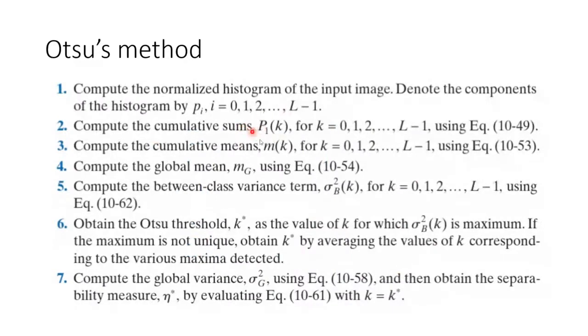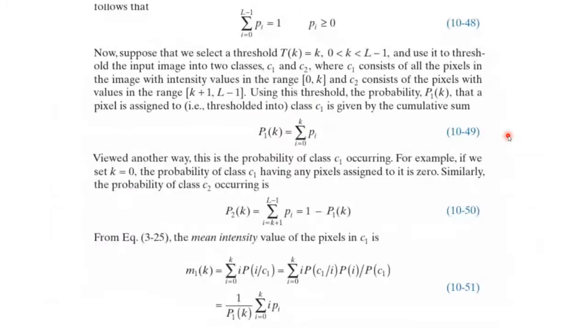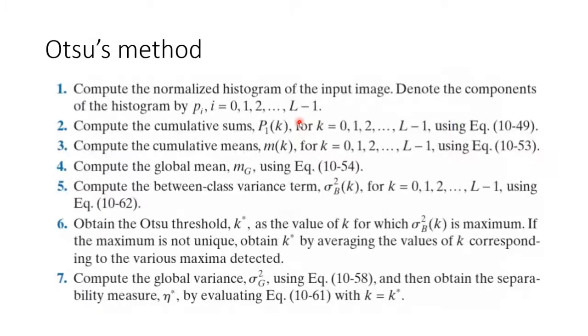Then compute the cumulative sums using equation 10.49, which is this. It's basically a cumulative sum of pixel intensities. Then you calculate the cumulative means, then compute the global mean, and get the between-class variance term.